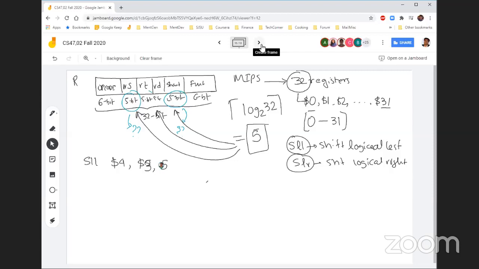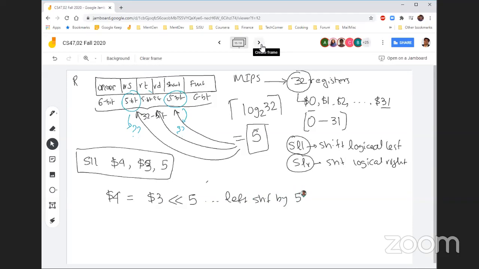So what does it mean? This practically means set the value of register 4 as register 3 left shifted by 5 bits. This 5, the bit shift amount, goes directly encoded into the shift amount field.